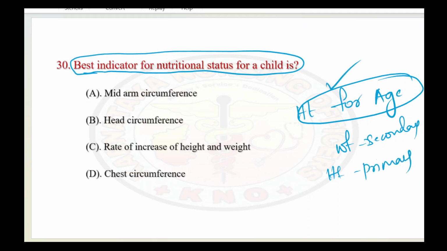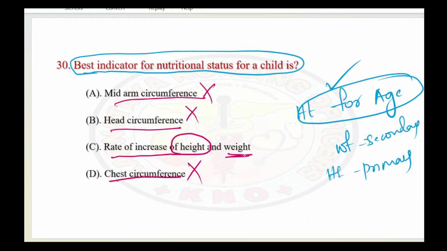So height for age is the important option. So let's see the options given here. Mid-arm circumference, no. Head circumference, no. Chest circumference, no. But the rate of increase of height and weight. Weight is secondary. The primary option they have given you is height. So the right answer is C.